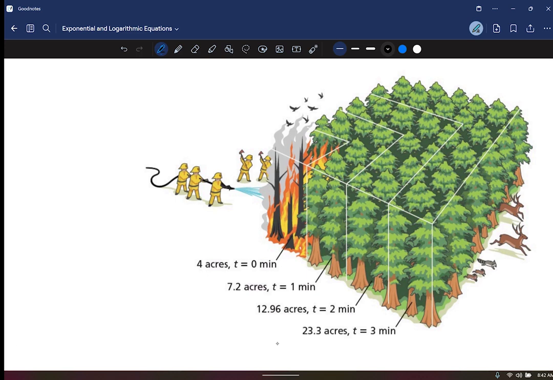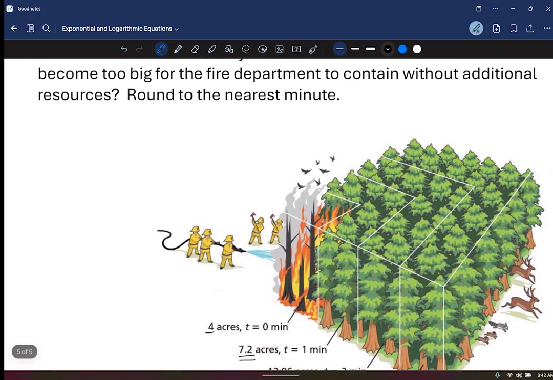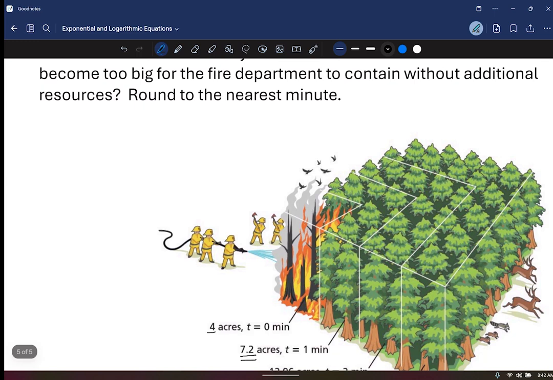So to find that growth rate, we are just going to take 7.2 and divide it by 4, or you could do 12.96 divided by 7.2, or 23.3 divided by 12.96. It doesn't matter. The growth rate is going to be the same on all of them. So for our growth rate, I'm just going to take the 7.2 and divide that by 4. That gets me 1.8.